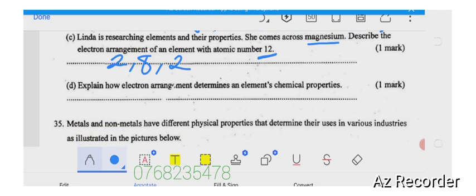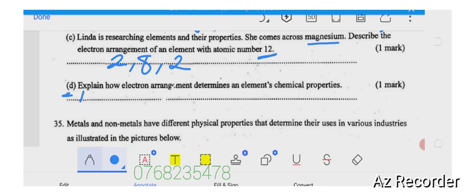Explain how electron arrangement determines an element's chemical properties. So electron arrangement determines bonding and stability of different elements. I'll repeat the question. Explain how electron arrangement determines an element's chemical properties.